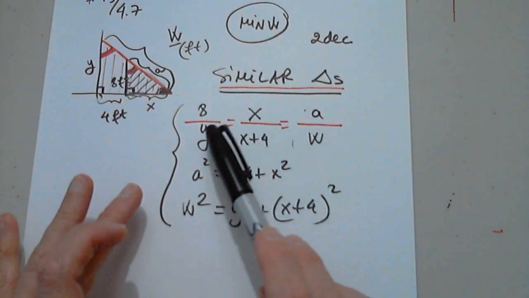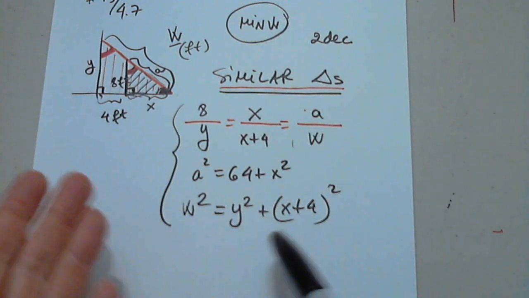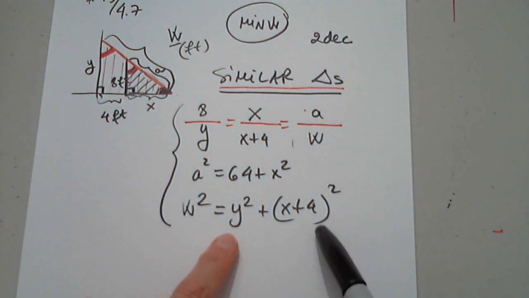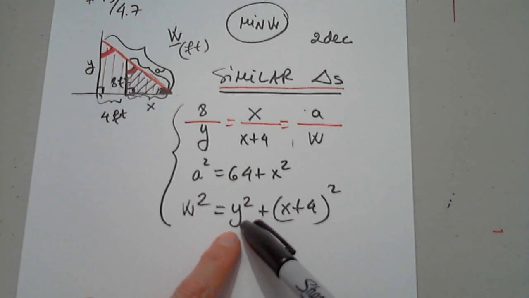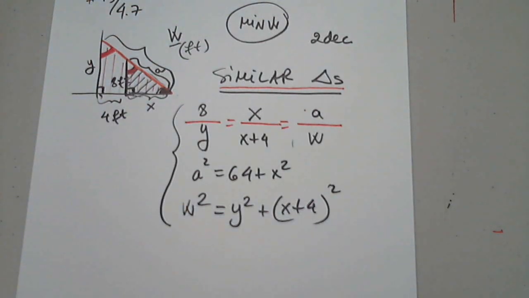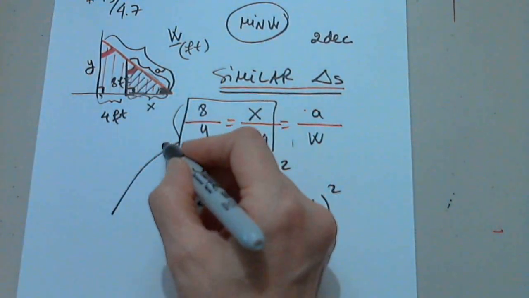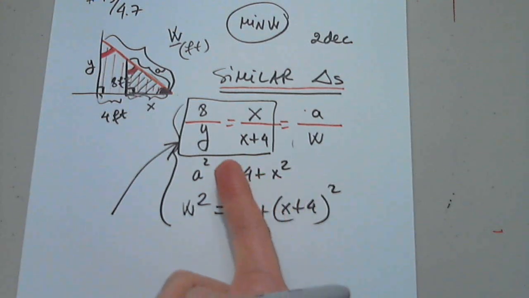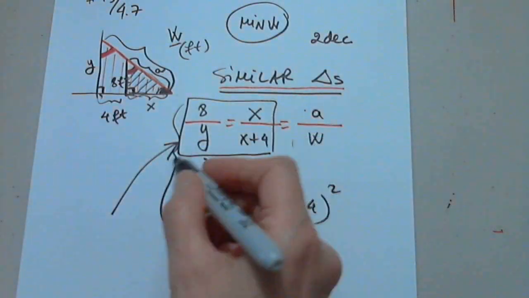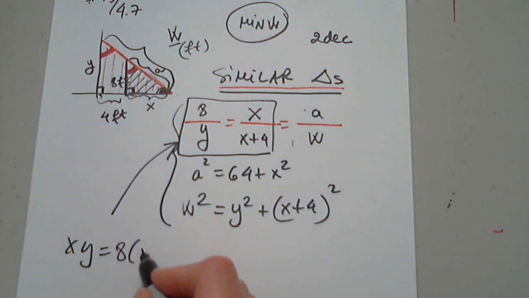I'm debating with myself. I'm trying to find the easier way of removing all variables but one. Okay, so I'm going to use this proportion and solve for y. So I have xy equals 8 times x plus 4.